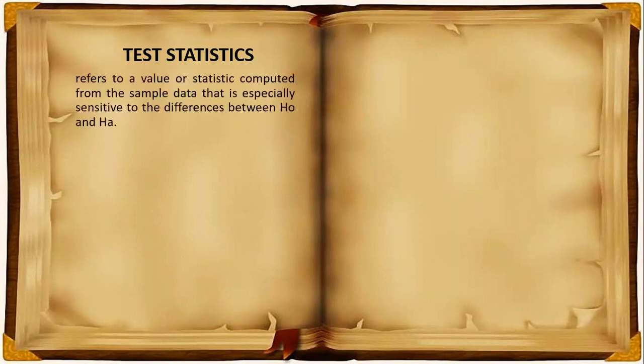Now, let's proceed to the test statistics, class.